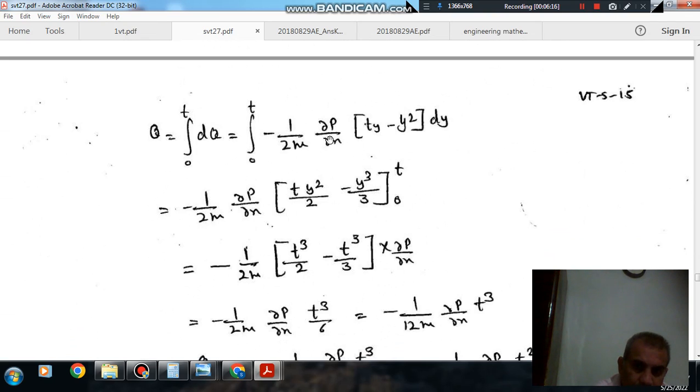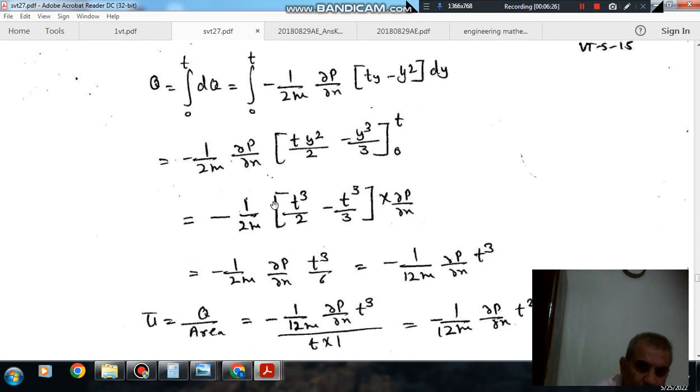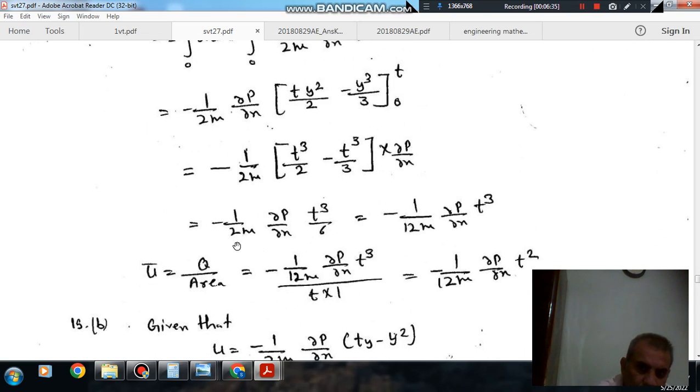So -1/(2μ) [t³/2 - t³/3], and solving it will be -1/(12μ) ∂p/∂x t³.